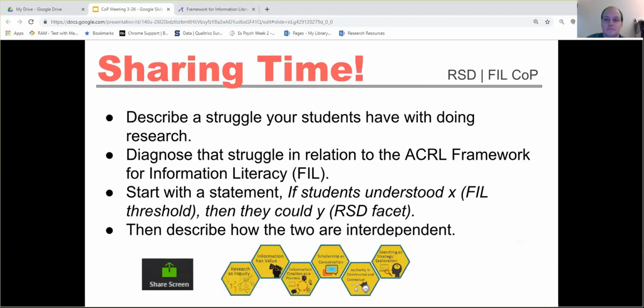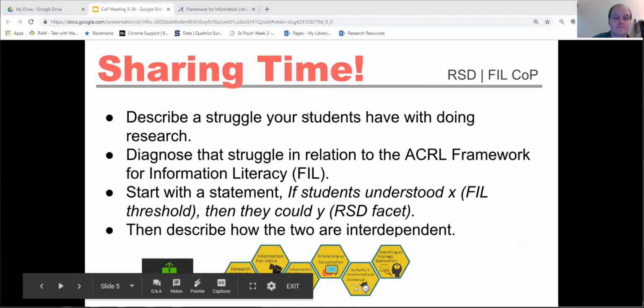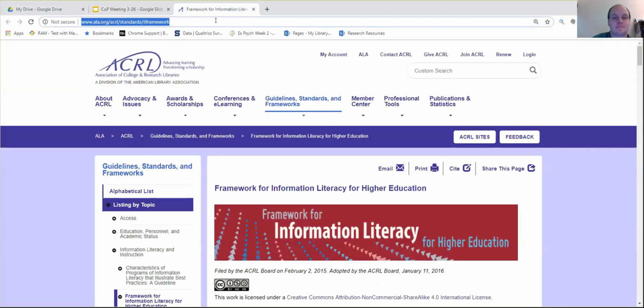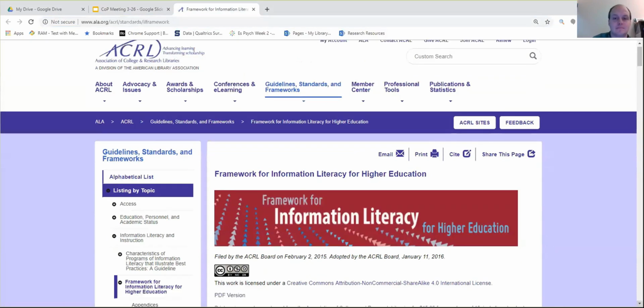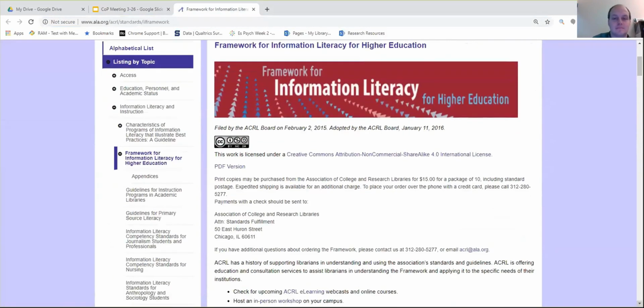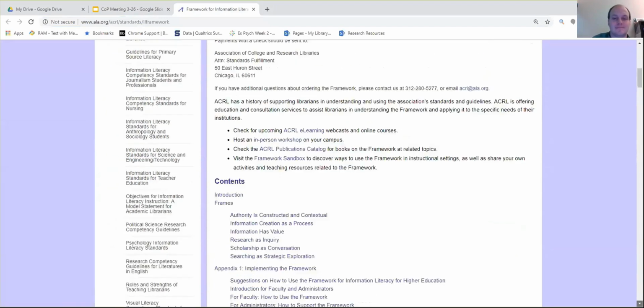Can we visit that idea for a minute? Sure. Why don't you go to the framework for information literacy, and let's see if we can take a look at that. Let's just run through that assignment and see what we find.